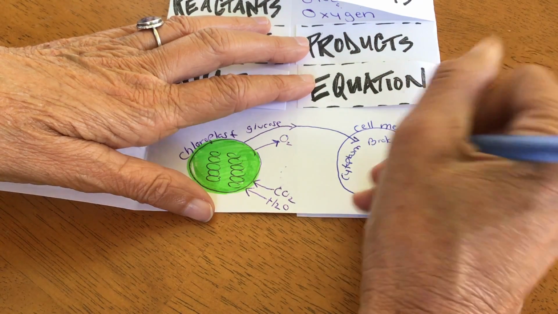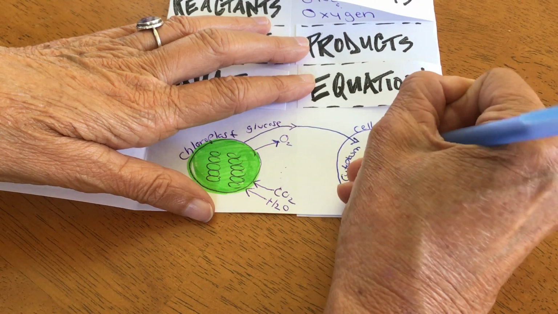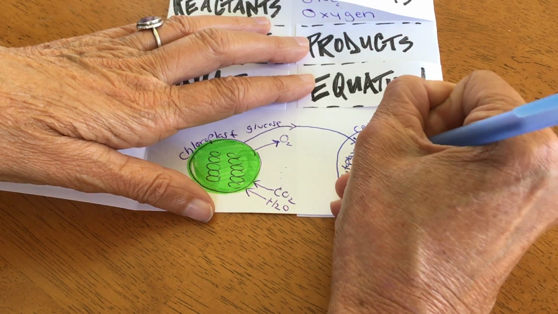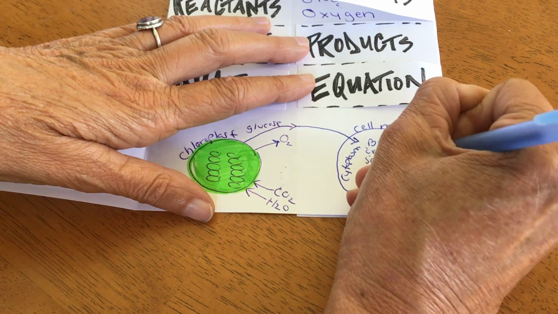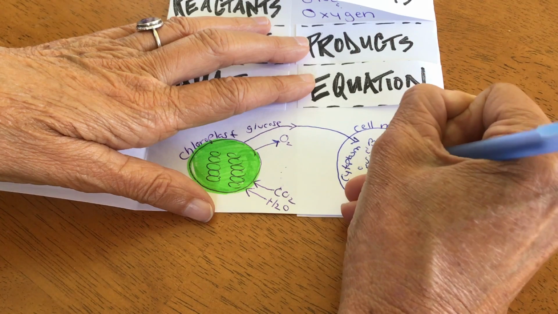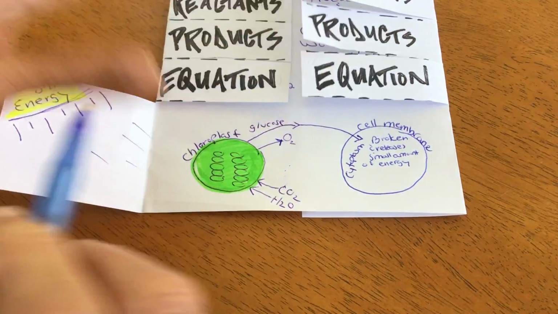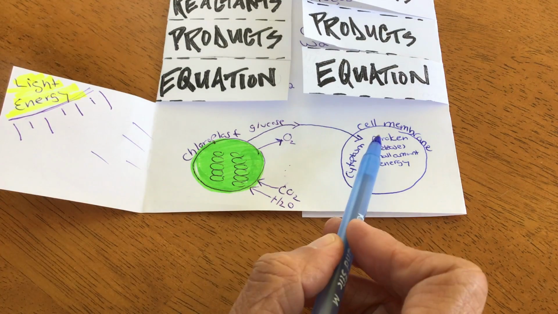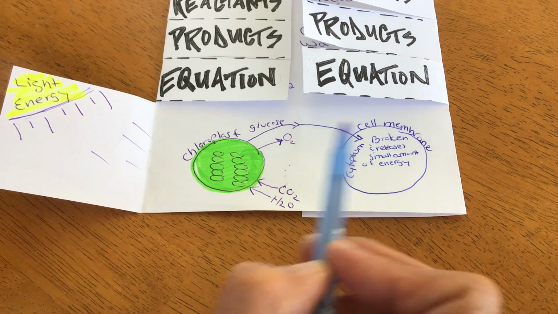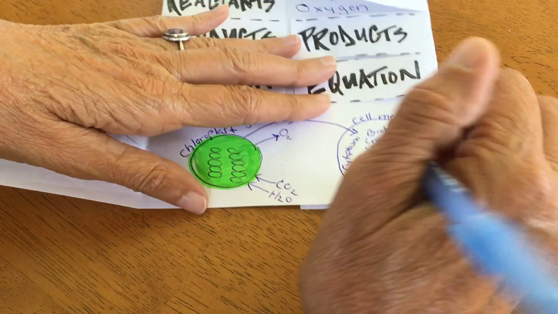Broken and releases small amount of energy. There's not much room for this. So that's going to take place first. The glucose is going to enter the cell, it's going to be broken, and it will release a small amount of energy.